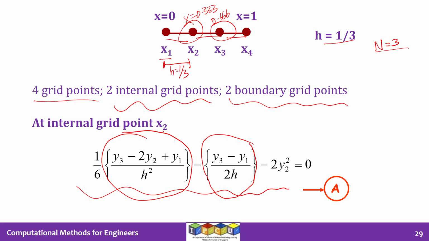And since we are talking about the grid point x2 where the value of y is y2, therefore 2y squared in the ODE gets replaced by 2y2 squared because we are looking at the equation at the grid point x2. So y1 is the value of y at x1, y2 is the value of y at x2, y3 is the value of y at x3, y4 is the value of y at x4. So we get this. This is equation A.